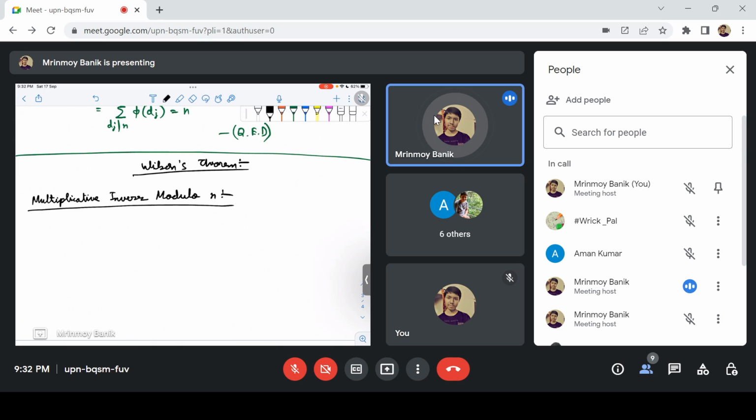So what are multiplicative inverses? For natural numbers, we don't have inverses.